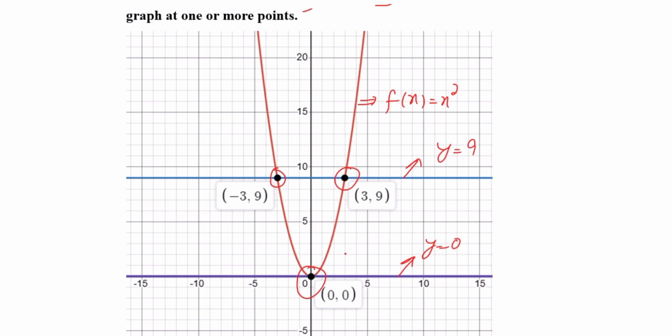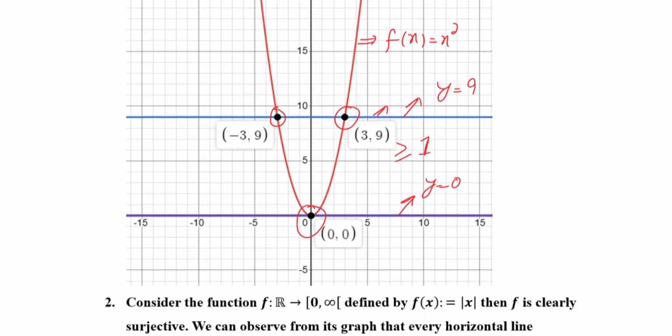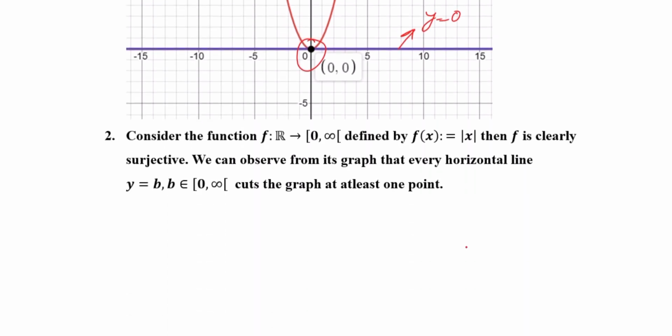So in this case, you can see that every horizontal line either cuts the graph at 1 point or greater than or equal to 1. That is to say, this horizontal line cuts the graph at 2 points, and this line touches exactly at 1 point. So this is the graph of a surjective function.